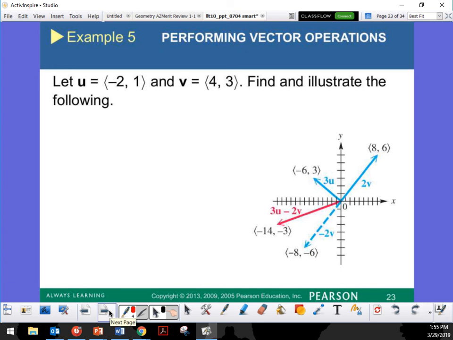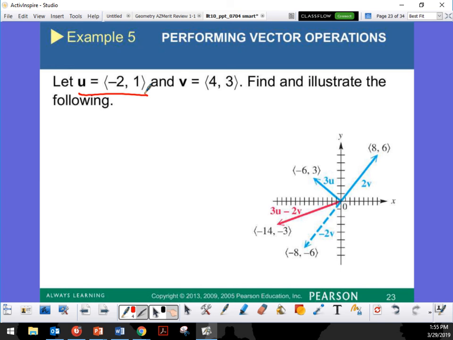Okay, here's another one. Find and illustrate the following. Okay, so here's you. This is actually a scalar now.